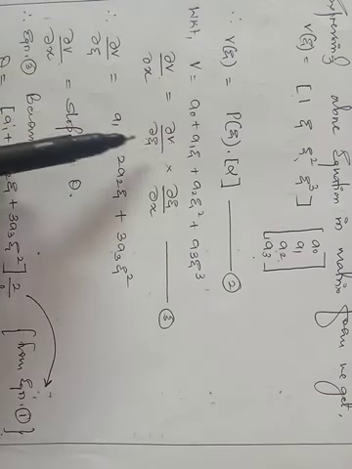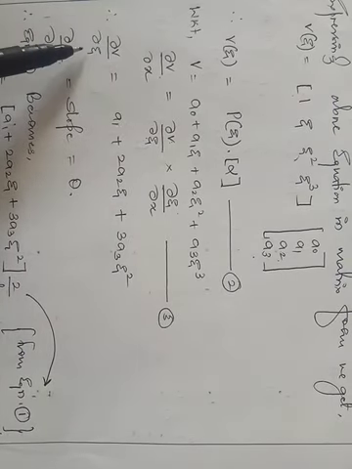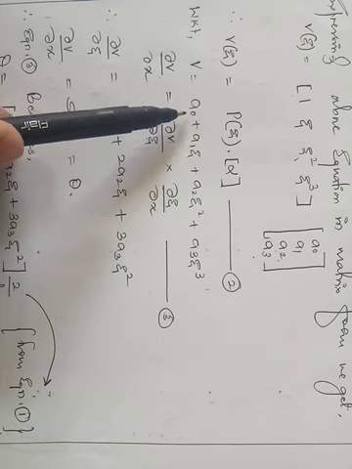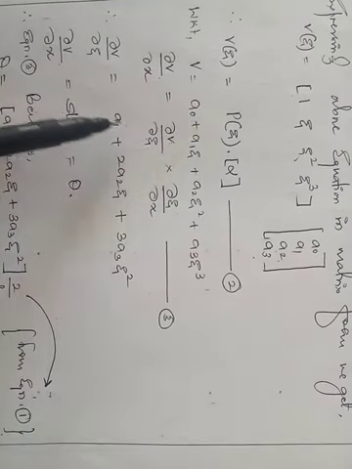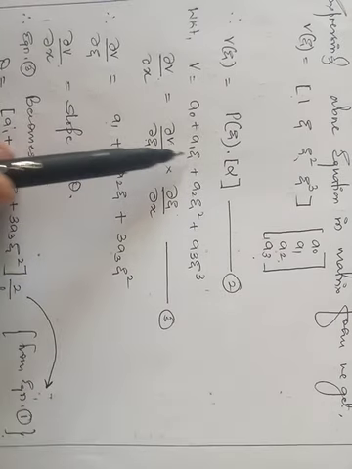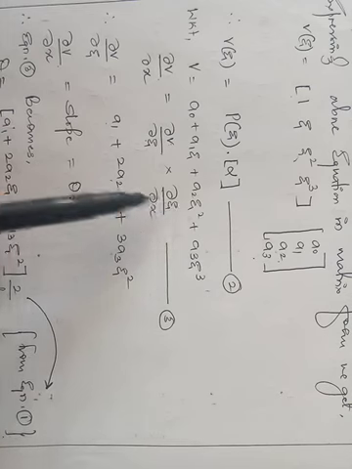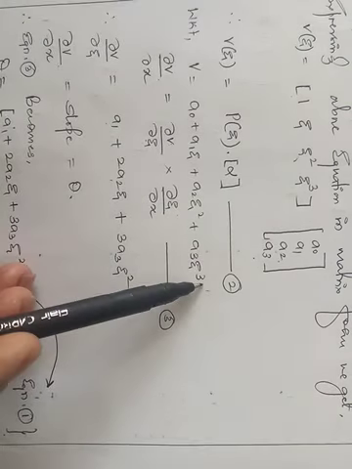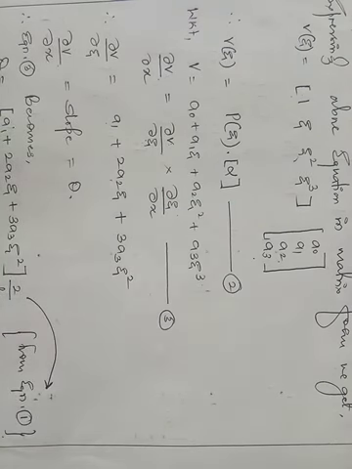Now let me check what dou v by dou zeta is. You need to differentiate this equation with respect to zeta. So a0 is constant, so it is 0. a1 zeta derivative is 1, plus a2 zeta square derivative is 2 zeta, plus a3 zeta cube derivative is 3 zeta square. So that is dou v by dou zeta.